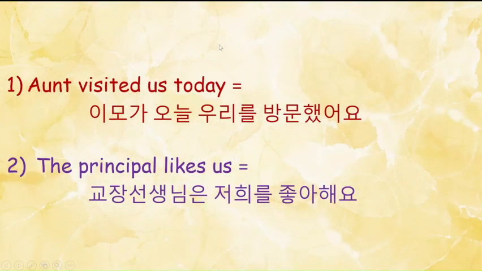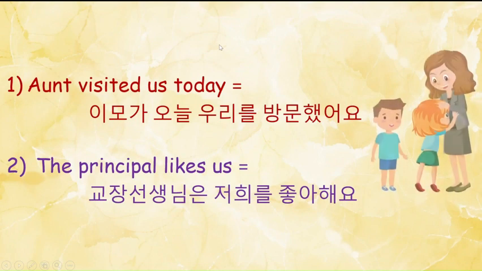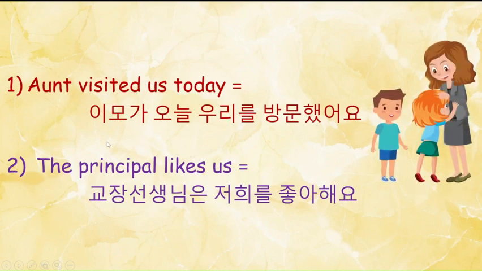Now let's see examples to understand the use of us. First one is Aunt visited us today. In Korean, it will be 이모가 오늘 우리를 방문했어요. You can notice that I have translated us as 우리를 in Korean. I have attached the object marker to 우리 and it is translated as us. So aunt is 이모, today is 오늘, us is 우리, and to visit is 방문하다.